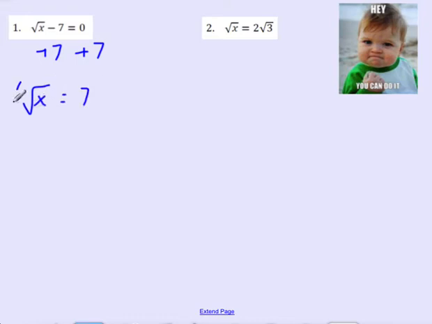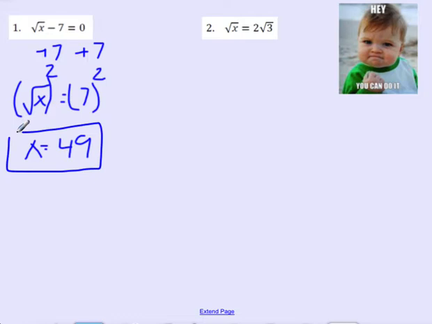Now that the square root is all by itself, I can undo it by squaring. So this guy over here is just going to become x. Remember, what you do to one side, you have to do to the other, which is why I squared the 7. So 7 squared is 49. So x is equal to 49.